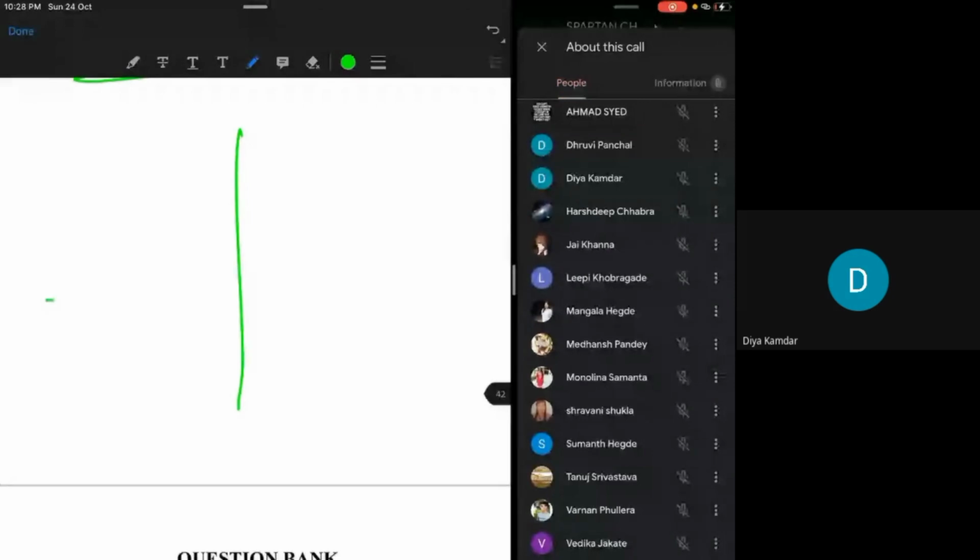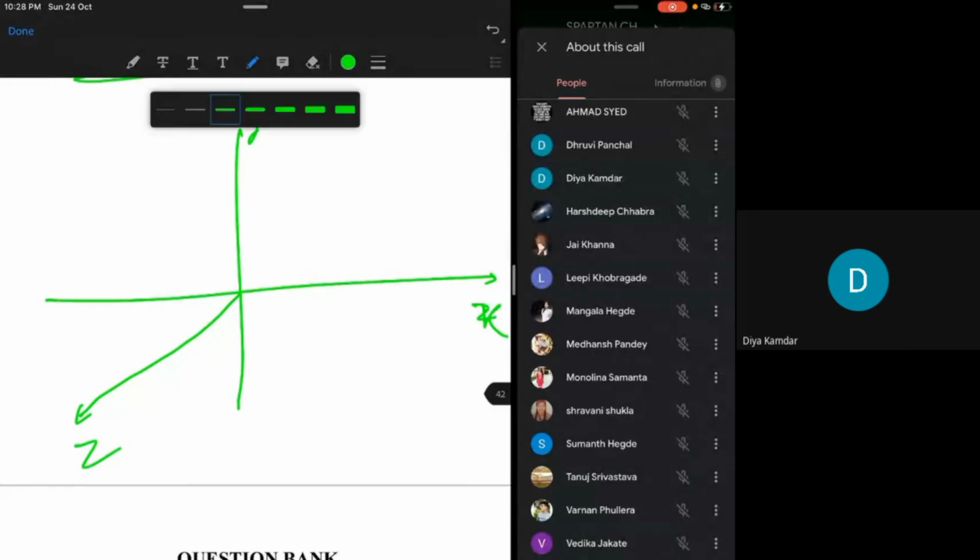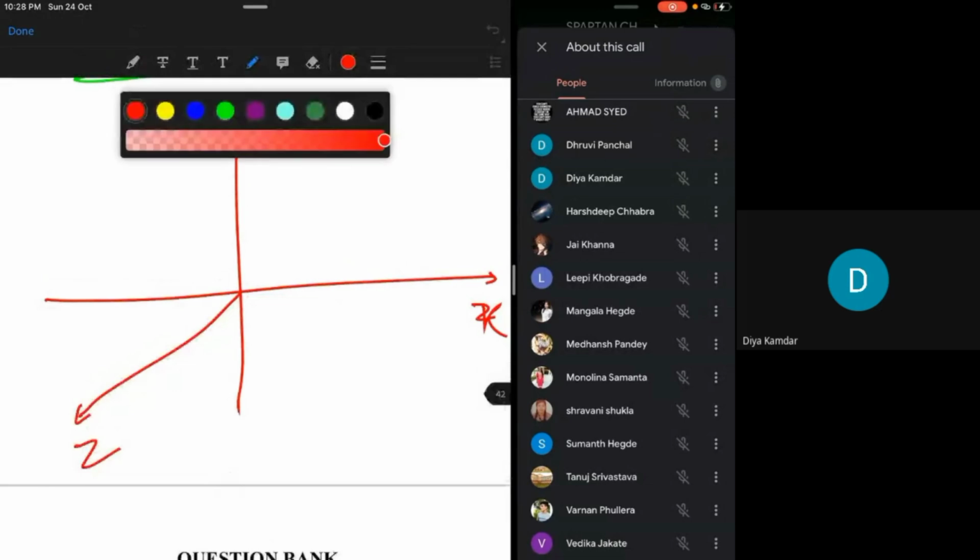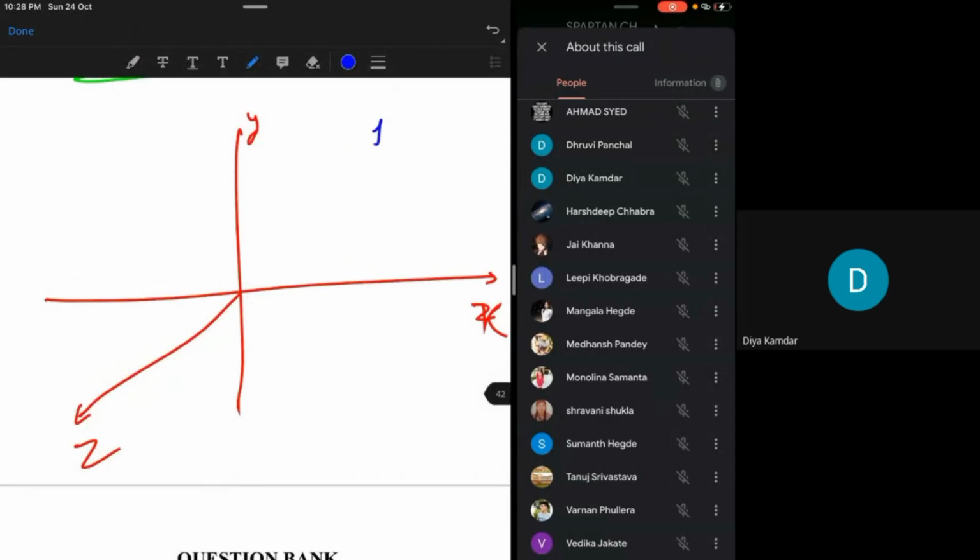Let's now draw the structure of atom. Let's say this is Y, this is Z, this is X. First we'll draw the s orbital, 1s. For hydrogen atom there is 1 electron here.